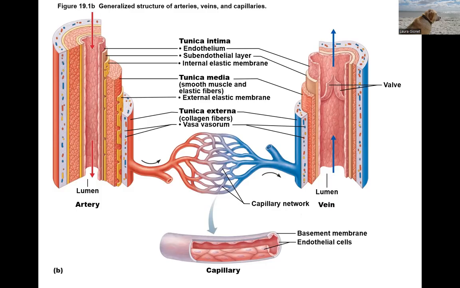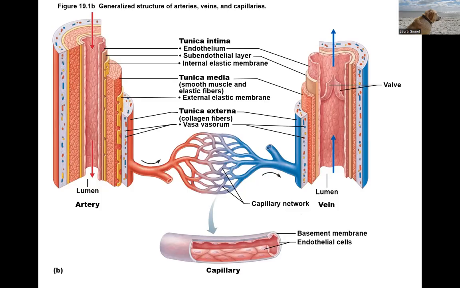And the lumen, the size of the passageway of blood in the interior of the artery, is going to be narrower compared to a vein. So the arteries are designed to withstand more pressure because it's trying to propel in a forward direction the blood that's being ejected from the left ventricle.